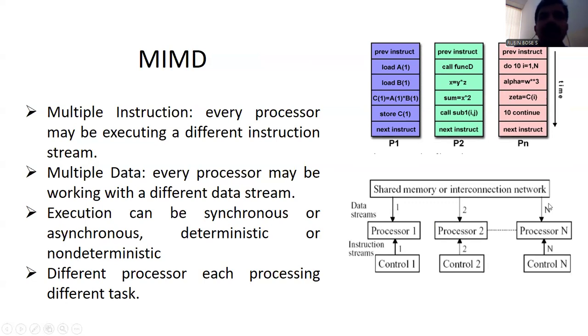In this diagram you can see that processor 1 has a separate control unit and separate data, processor 2 has a separate control unit and separate data, and processor 3 also has a separate control unit and separate data. Like this we have different architectures, that is, multiple processors are possible in the MIMD model, so that we can increase the speed of processing. At the same time, multiple tasks will be completed.